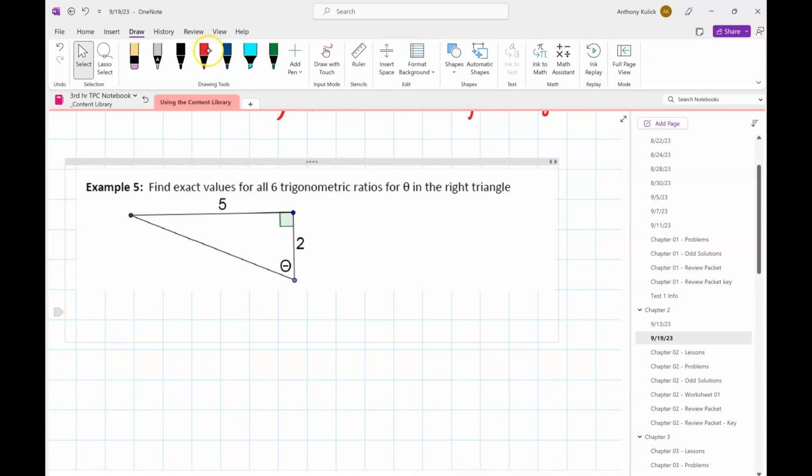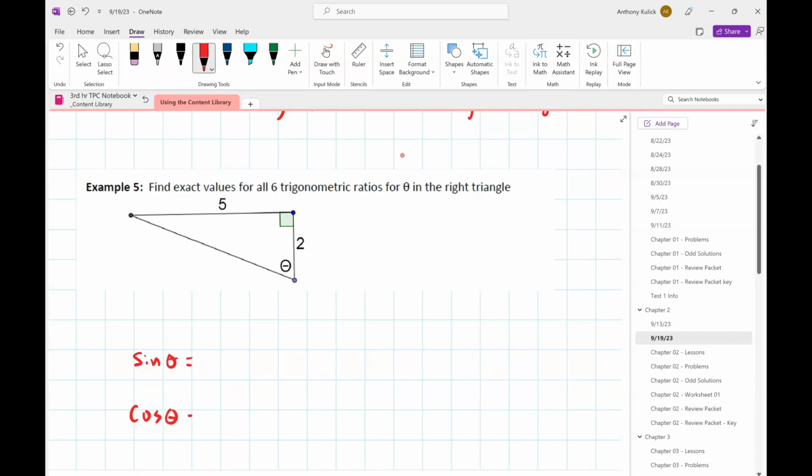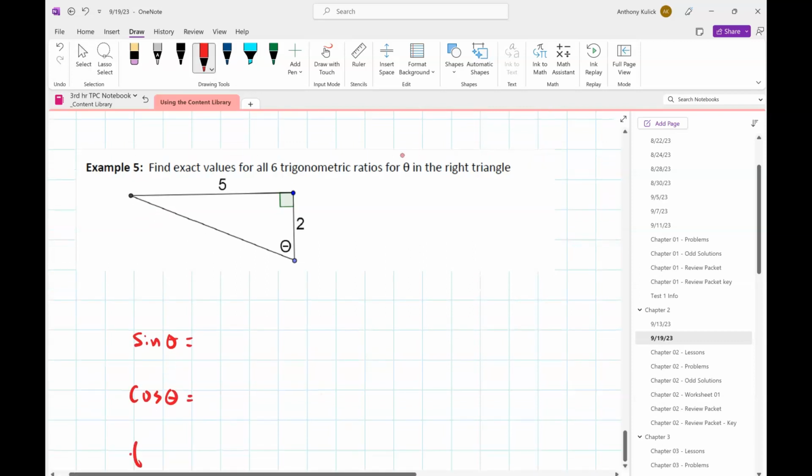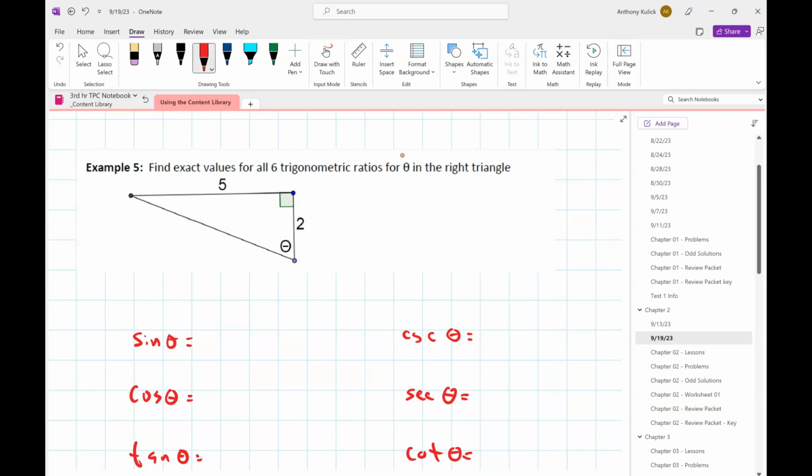So this one says find the exact values for all 6 trig ratios in the right triangle. So far, so good.